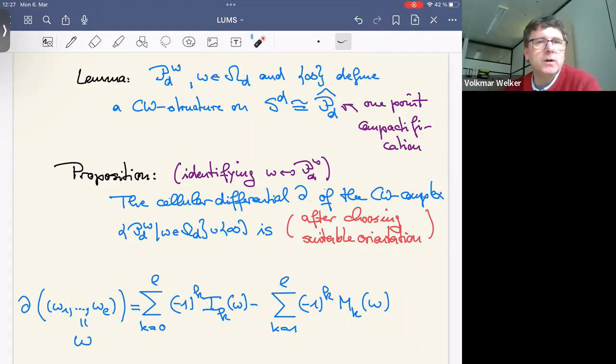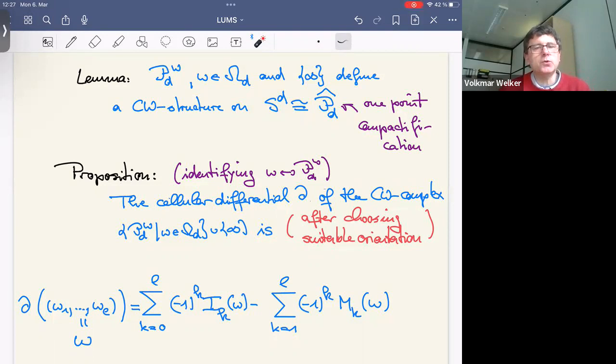And if you take the one-point compactification of R^D, you obtain the D sphere. So all those P_D omega give you a CW structure, not so trivial, on the D sphere.